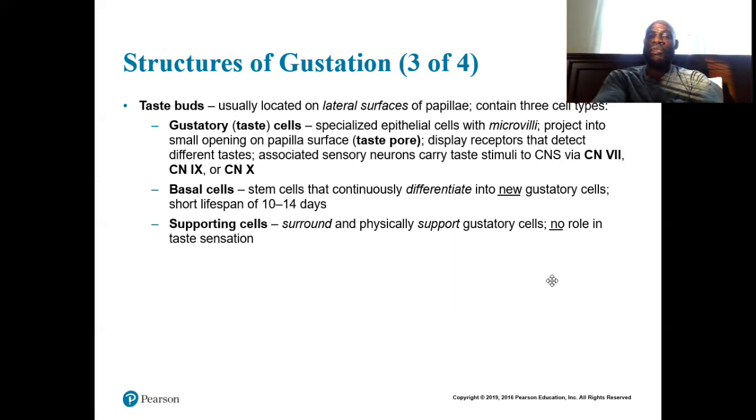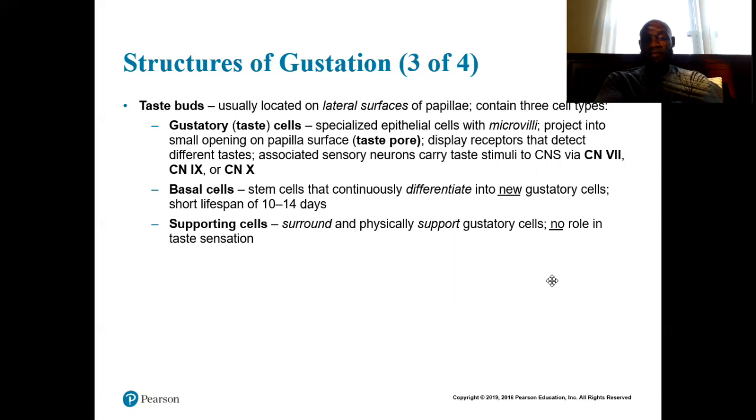This is associated with your sensory neurons that carry taste stimuli to the CNS via cranial nerve 7, cranial nerve 9, and cranial nerve 10.